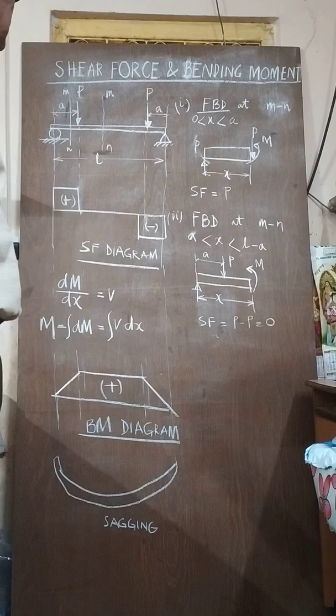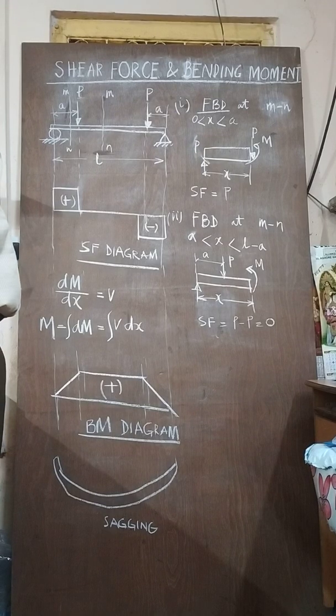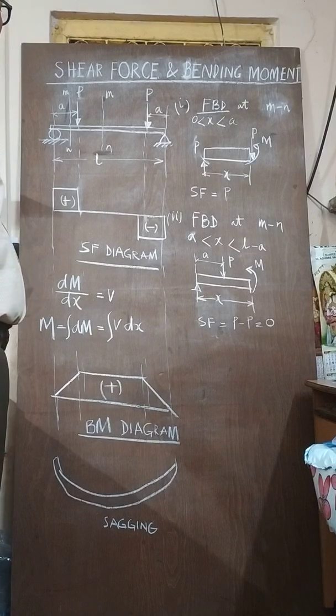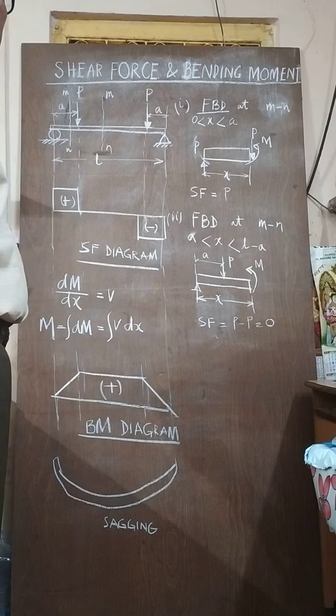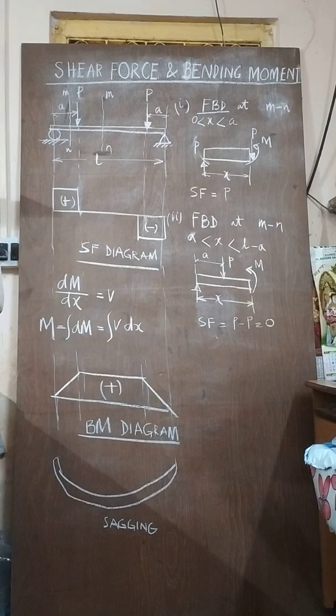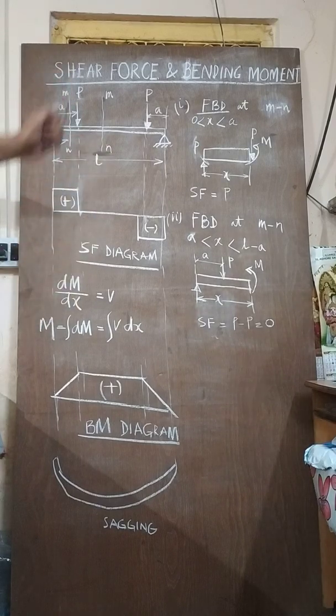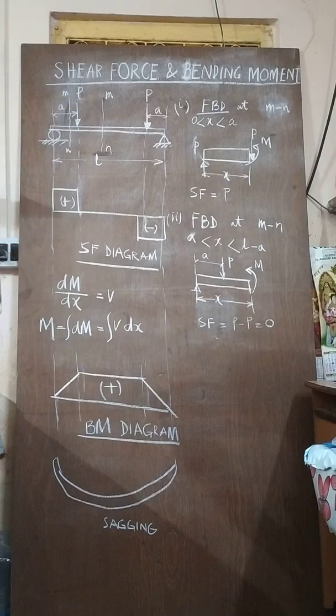One side is a roller, the other side is hinged, and the reactions are P each. This has been found out by equilibrium equations, by the principle of mechanics. I have not calculated it here, though it is very evident that the reaction at both sides is P each.